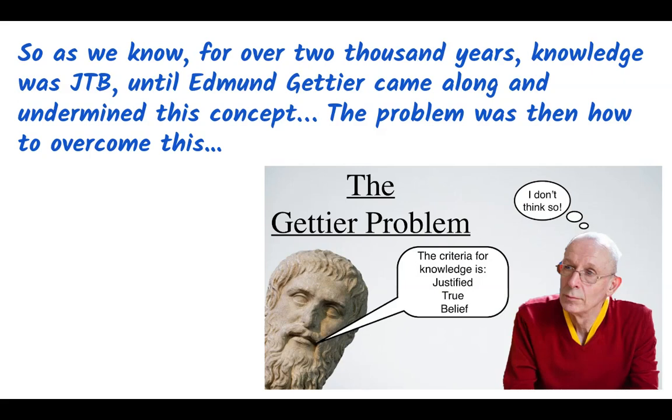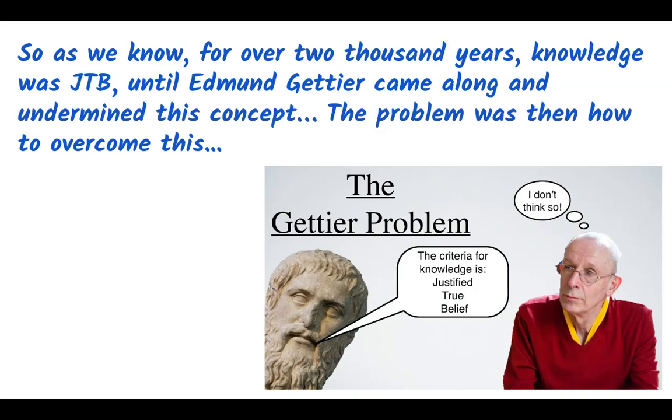You'll know the two examples that Gettier produced, and no doubt you'll have thought of some of your own problems. Once Gettier presents these, the problem was then how to overcome the problems that he'd identified and how we could establish good knowledge.